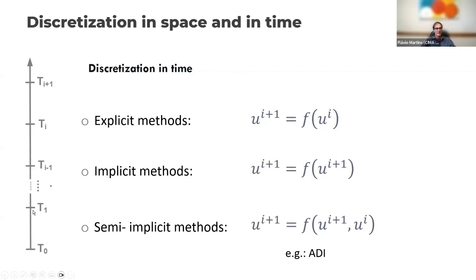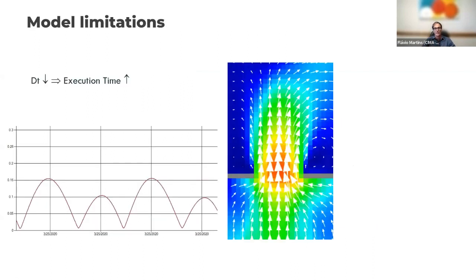And if this time step is 1 day, you will only have 7 time steps. So it would be great to have as few time steps as possible because the model would run faster. But the thing is, if I increase the time step, the delta t, I will decrease the execution time.